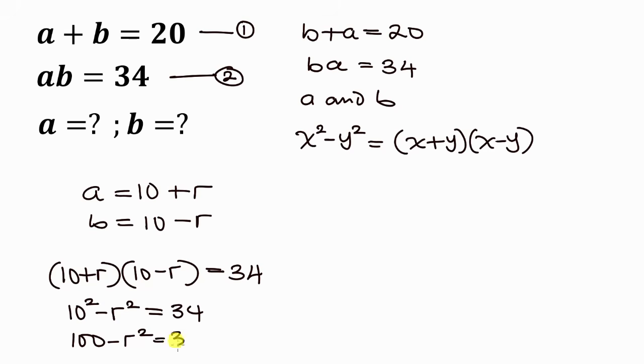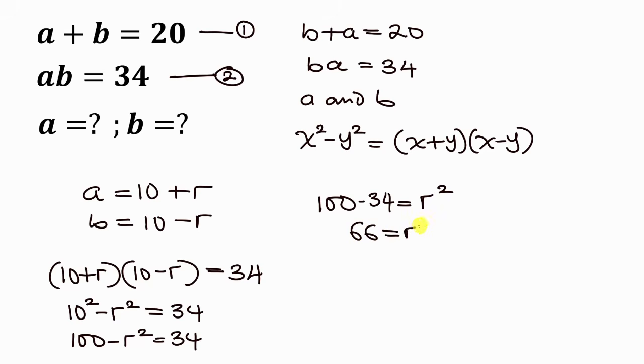This is 34. So we can see that moving r squared to the right hand side, this is actually negative r squared. So let's move it to the right hand side. So we have r squared to be positive. So this is equal to, here I already have 100 on the left. And when I move 34 to the left, it becomes minus 34. So 100 minus 34 is 66.